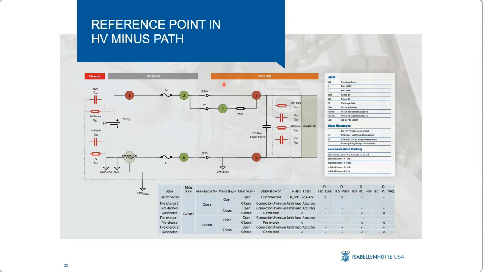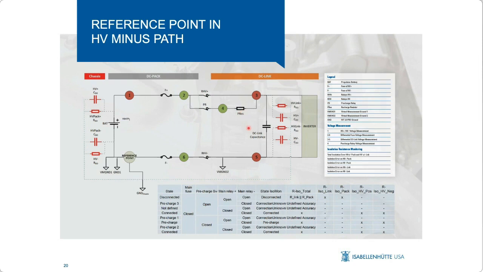Now next, I want to walk through the different components real quick in this diagram, just so we are on the same page about what we look at here. On the positive side of the battery, we have the main fuse. Then we have the pre-charge circuitry right here with the relay on the positive side and the pre-charge relay as well as the pre-charge resistance.